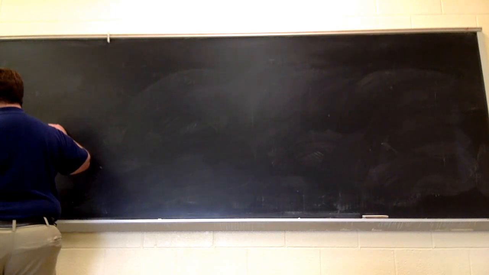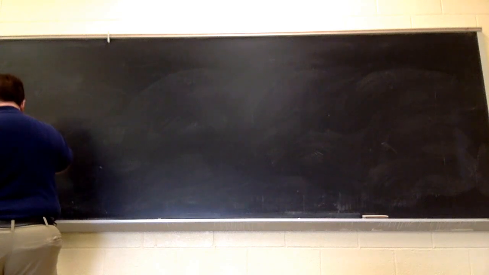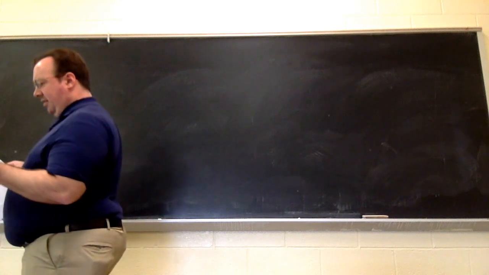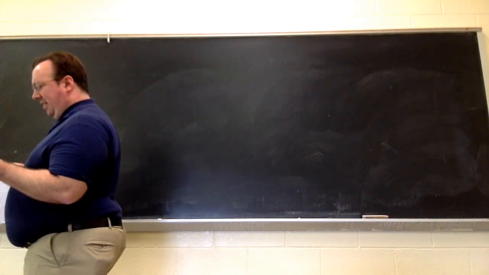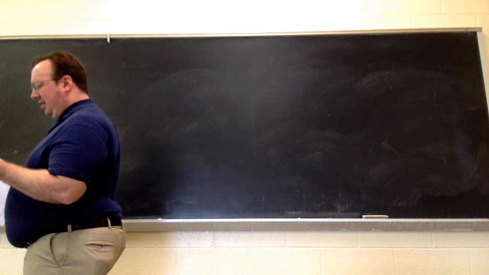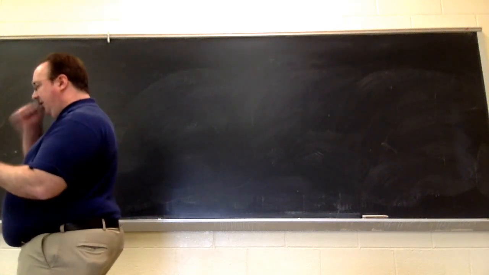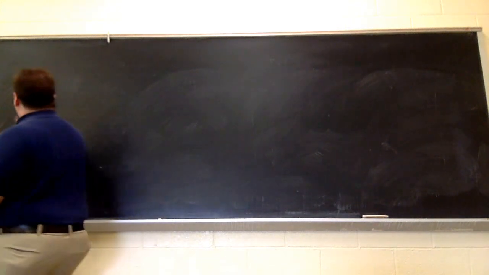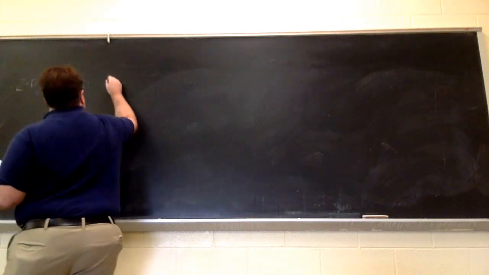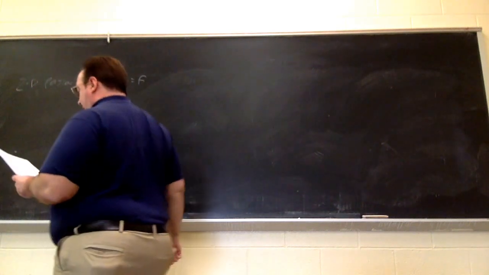Apparently these notes switch, so be careful with my minus signs here. Okay, so 2D Poisson's equation: minus Laplacian of u is equal to f.